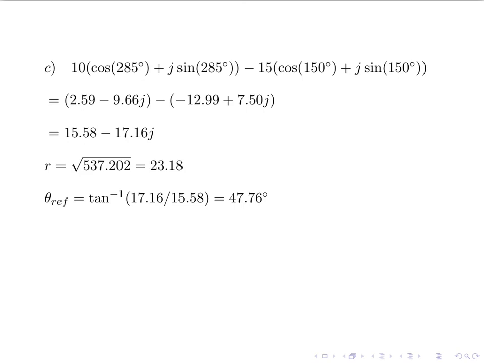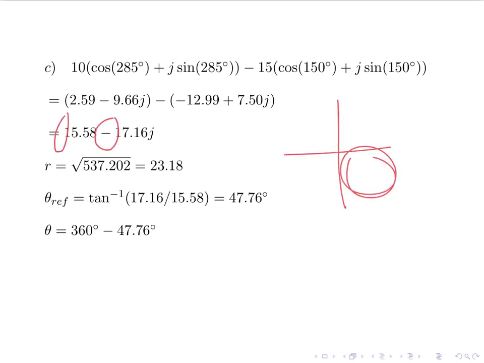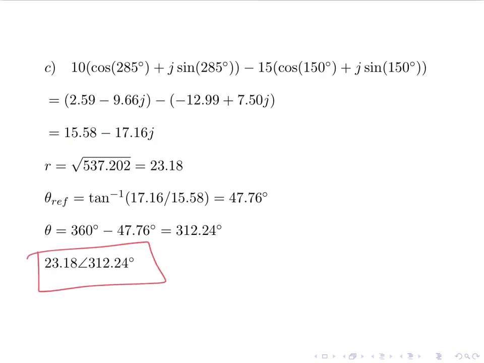Theta reference will be 47.76 degrees. My angle is going to be 360 minus my reference angle because I have a positive A, a negative b, and that is quadrant 4. So I'm going to take 360 minus, again, my reference angle. That'll give me 312.24 degrees. And then my final answer is 23.18 with an angle of 312.24 degrees.